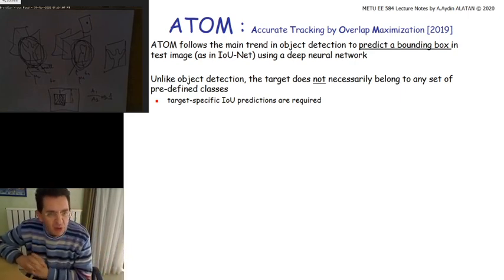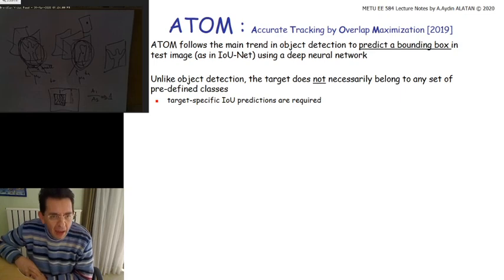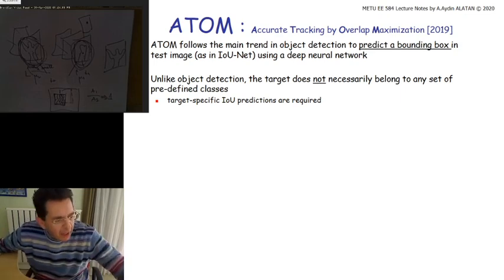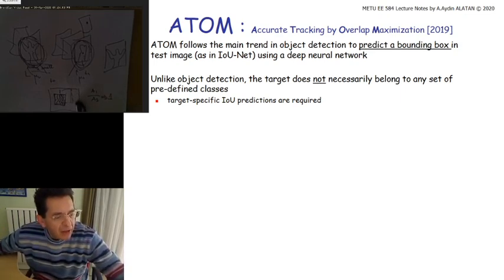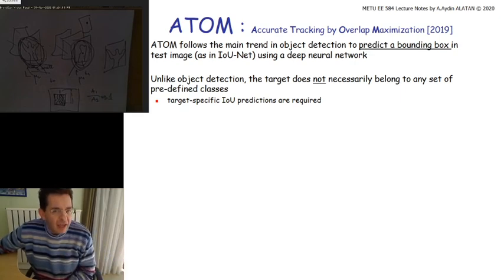Now, what I'm trying to do is this. I'm going to predict a bounding box. During training, I'm going to minimize the error between the intersection over union of my prediction and the ground truth, and the real value, which is equal to 1.